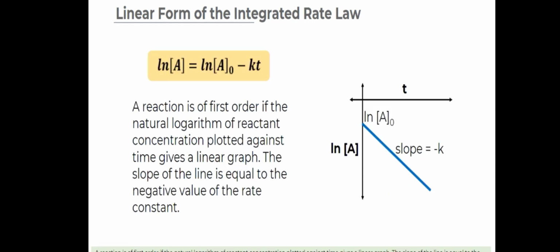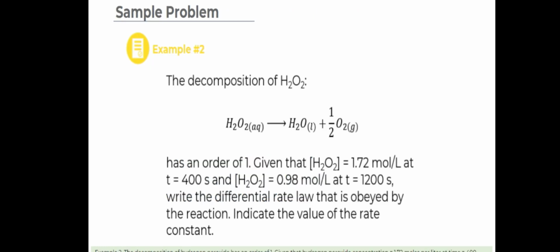A reaction is of first order if the natural logarithm of reactant concentration plotted against time gives a linear graph. The slope of the line is equal to the negative value of the rate constant.